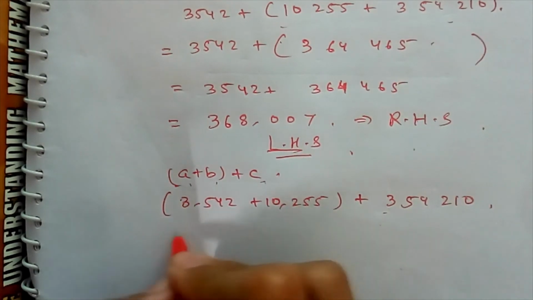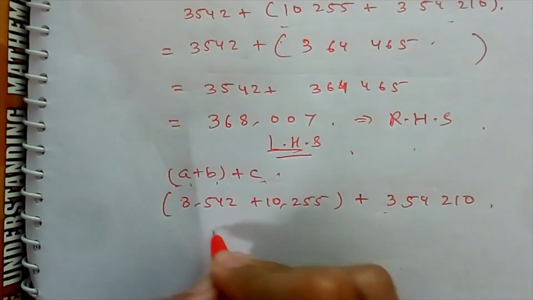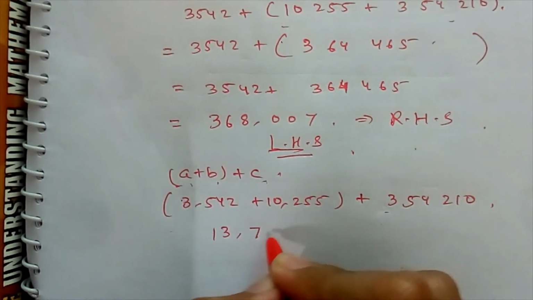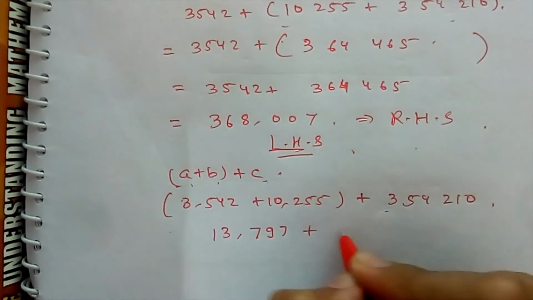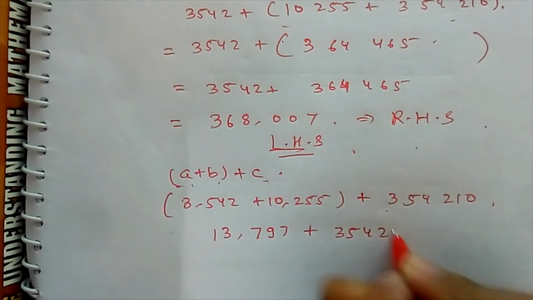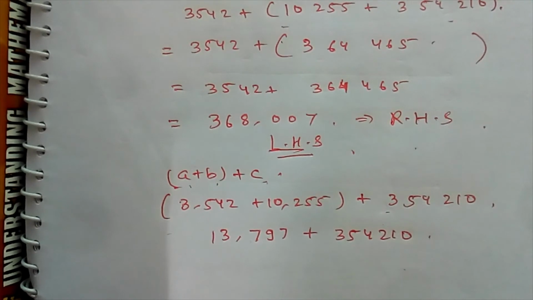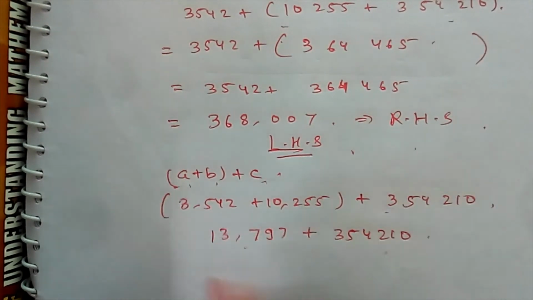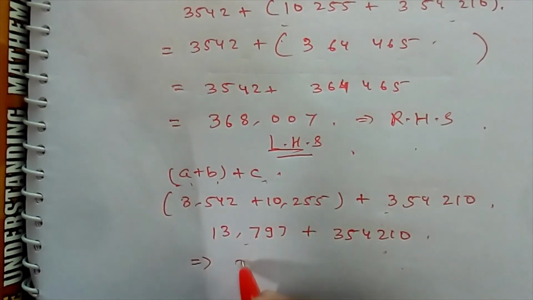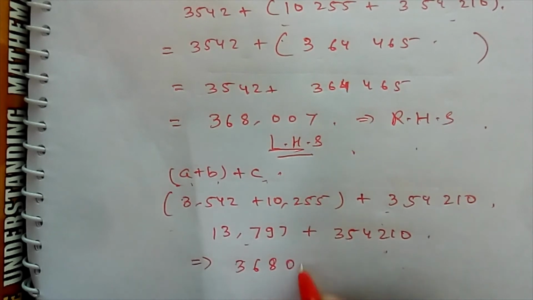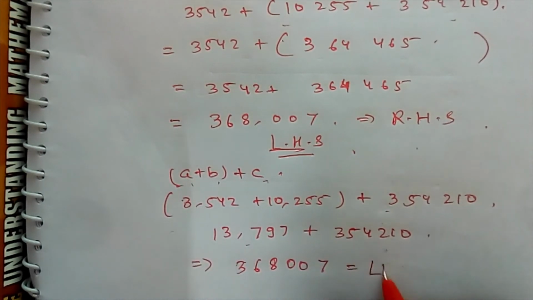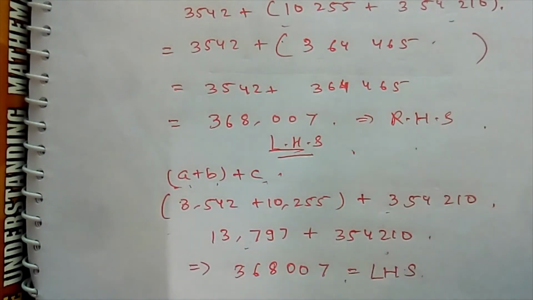The result of adding these two is 13797, and we will add it to 354210. After adding these both we get 368007, which is the solution of the left hand side.